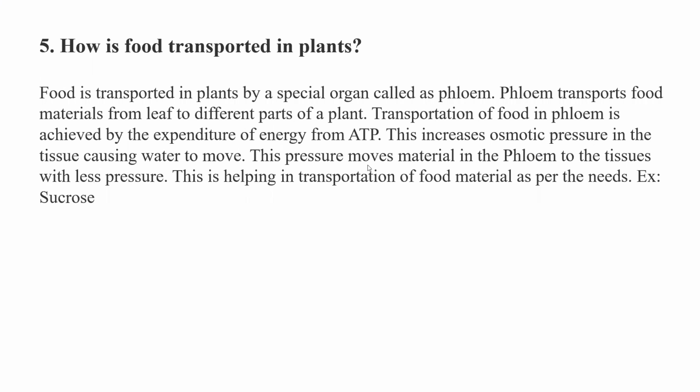This pressure moves material in the phloem to the tissues with less pressure. This helps in the transportation of food materials as per the needs. Example, sucrose. Sucrose, I already explained, is one of the main substances transported throughout the plant.